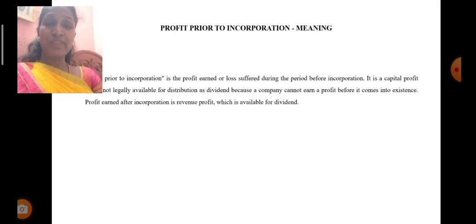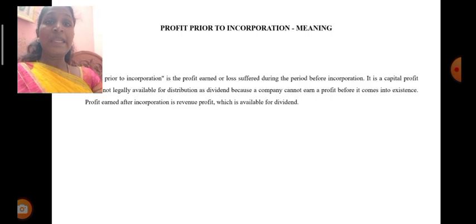In short, the profit earned before the date of incorporation is known as profit prior to incorporation, that is, it is treated as the pre-incorporation period.